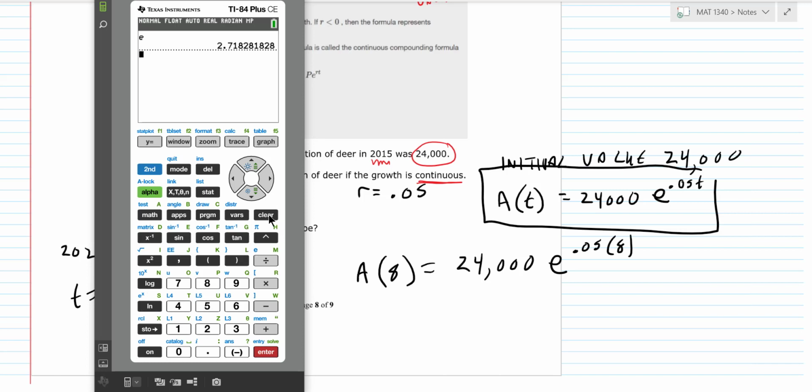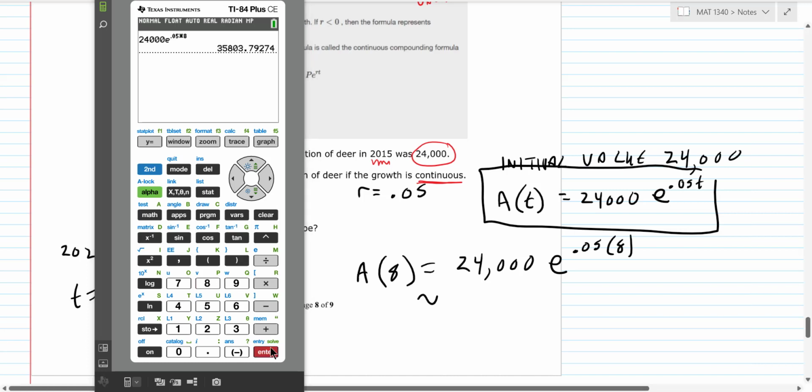So the way you want to put this in your calculator is you start by putting the 24,000 in, and then go second ln. That way e will automatically come out on your calculator. Then you can put in the 0.05 times 8 like that. That's how that would go in the calculator. So that would tell you that you get, and we're going to round this to a whole number.